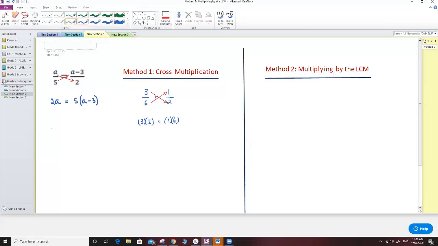With the distributive property, 2a equals 5a minus 15. I transfer this shape to this shape, and both are the same.